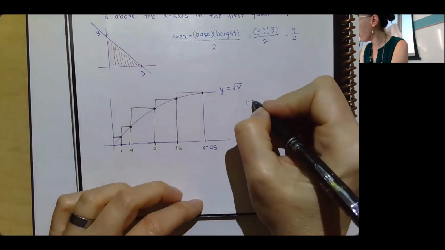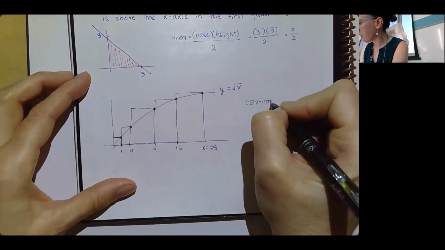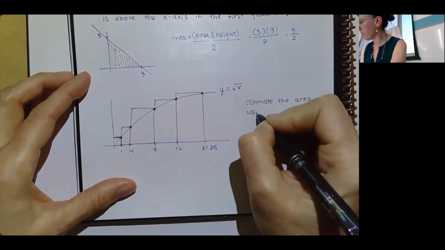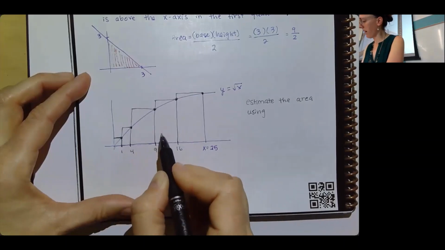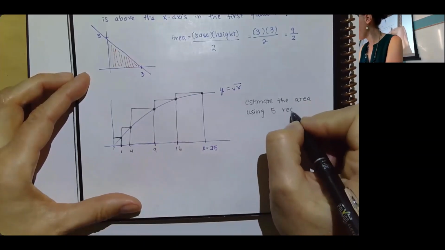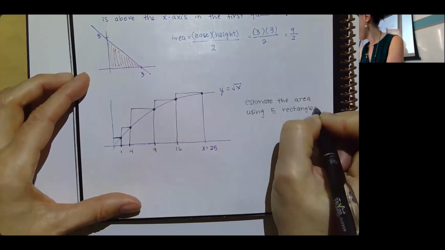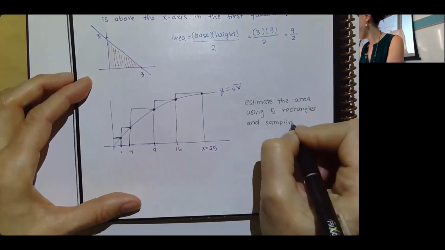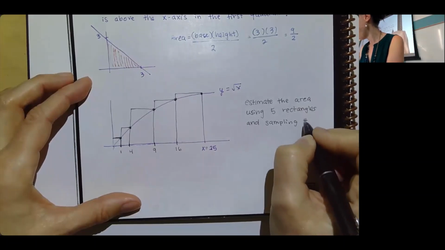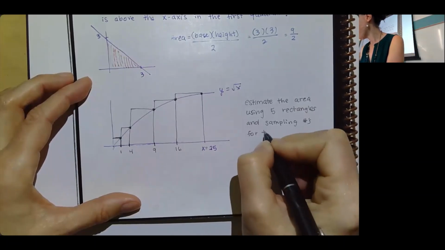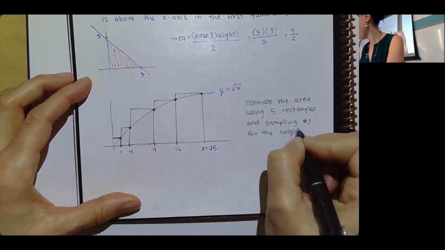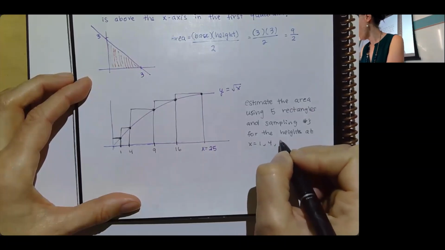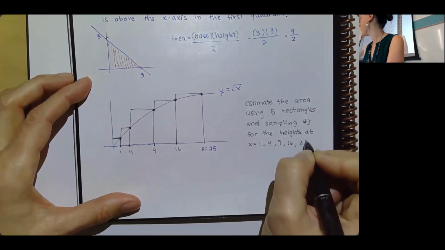And I'm going to ask you to estimate the area using 1, 2, 3, 4, 5 rectangles, and sampling numbers for the heights at x equals 1, 4, 9, 16, and 25.